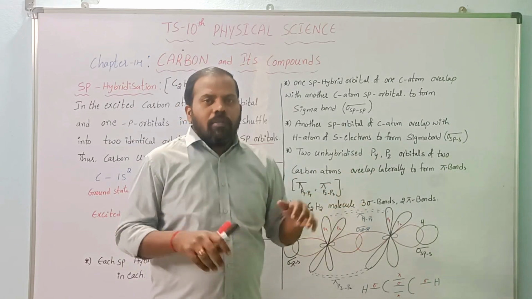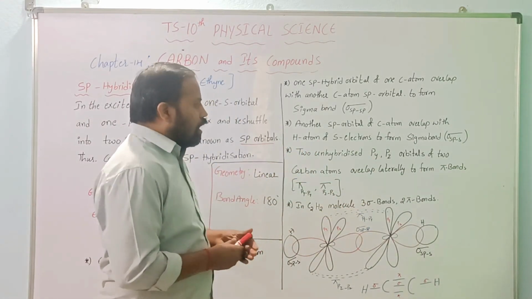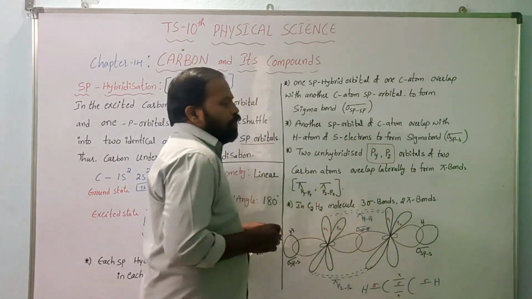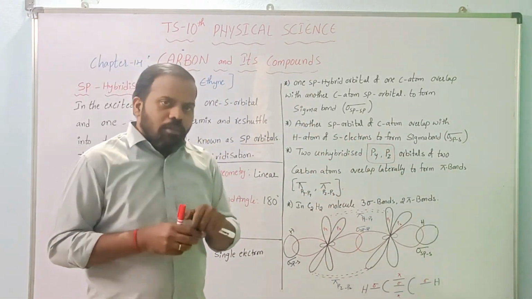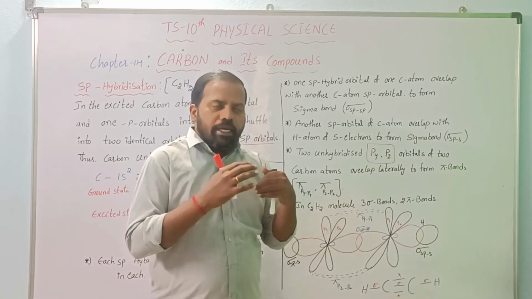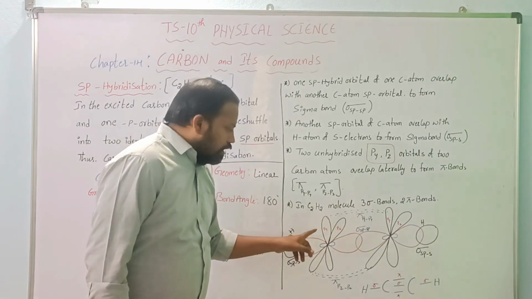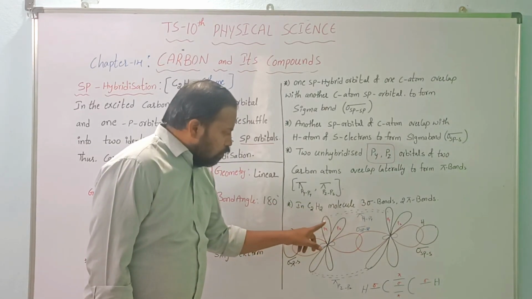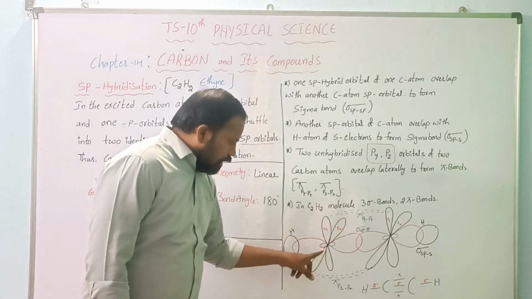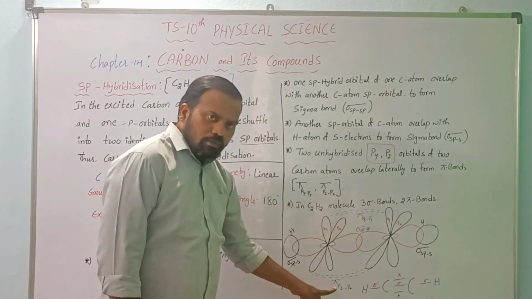The hybrid orbitals are completed. What remains? The unhybridized orbitals. These 2 unhybridized orbitals, py and pz, of one carbon atom and the other carbon atom overlap laterally, sidewise, and form pi bonds. You can see in the diagram: the py orbital with the other py forms a pi bond, and the pz orbital overlaps to form a pi bond.